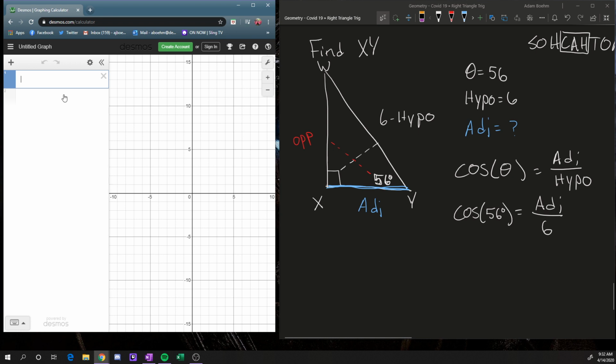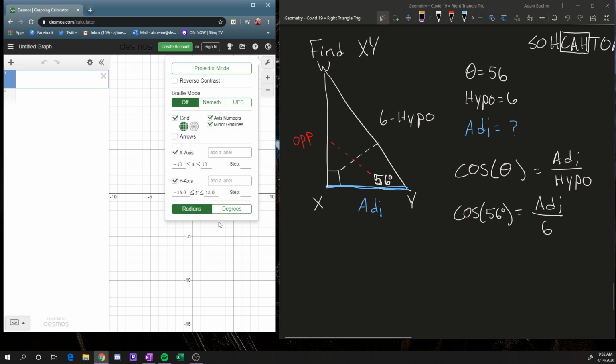We want cosine of 56 in degrees, so we need to make sure our mode is in degrees. If you have a TI-84, you hit mode, scroll down to where it says radians or degrees, highlight degrees, and hit enter. We did that last class. If you're on Desmos, you go to the little wrench icon in the top right, and highlight degrees, and then it's in the form that we want.